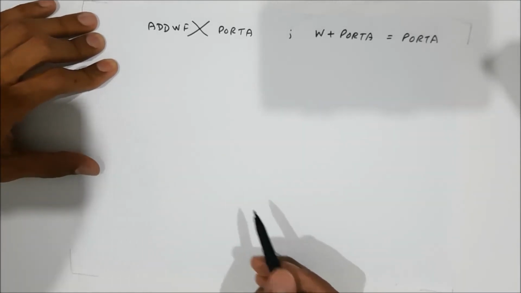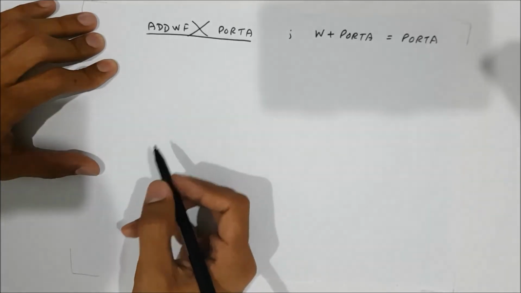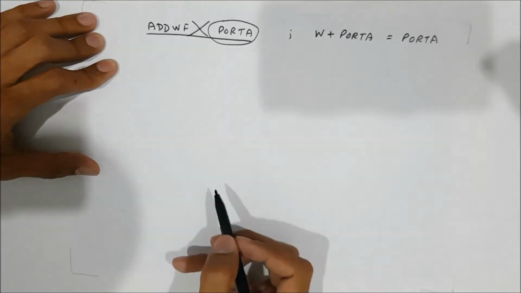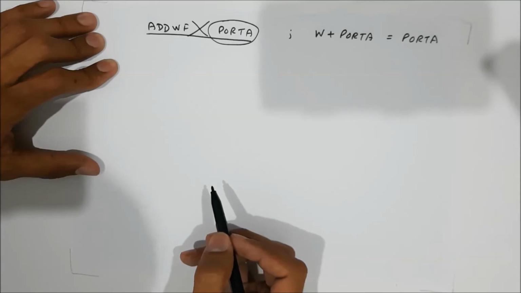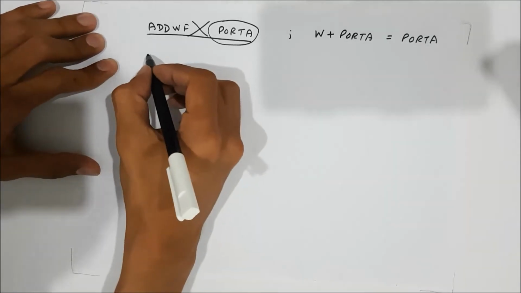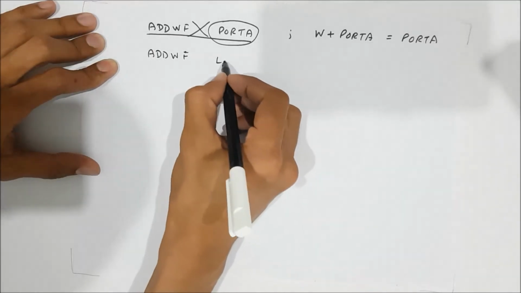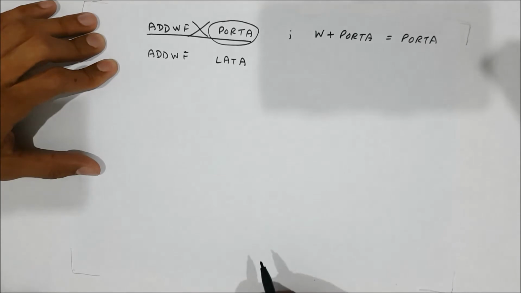But sometimes the read modify write instruction of add will not work directly on the port A. We need some temporary location where we can store the intermediate data, and thus we have to write ADDWF LATA.